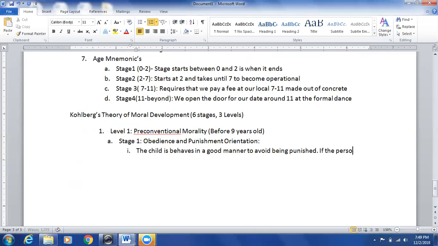So if the child is punished, then they must have done something wrong.